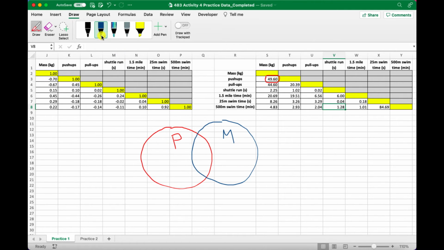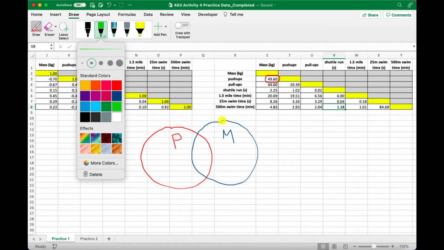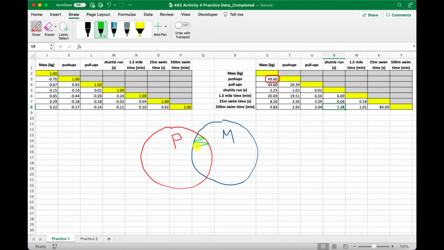Okay. Now, let's say that there is some degree of overlap between these two variables. That area right there represents the r squared value, which in our case came out to be 49.60%.